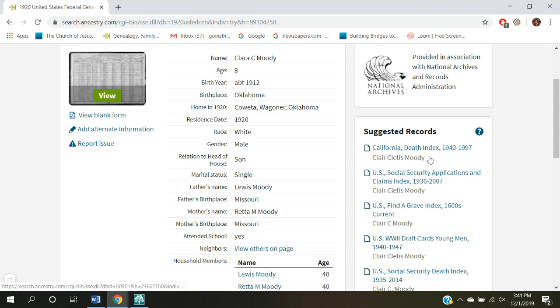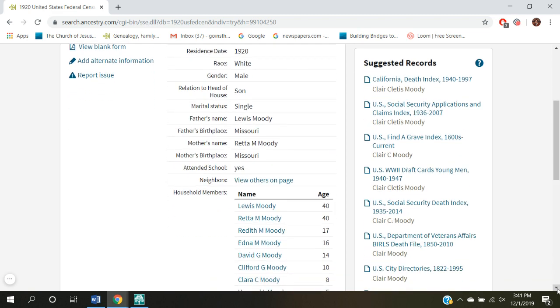Now, what I'm getting here is a California Death Index, Social Security application information, an actual Find a Grave Index, which might have a photograph of the gravestone, a World War II draft card, and so I'm starting to believe that this is a man, but on the 1920 census they wrote Clara for some reason, or it was just a mistake by misspelling, because they do have that it's a son and a male.